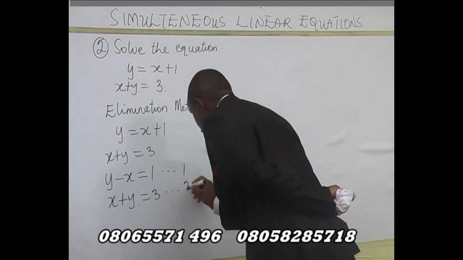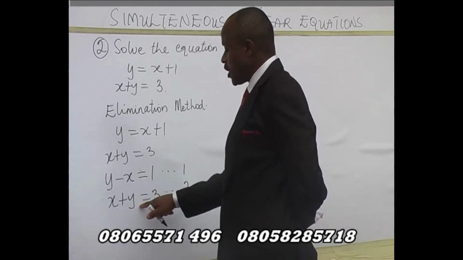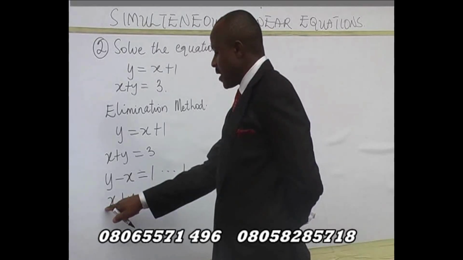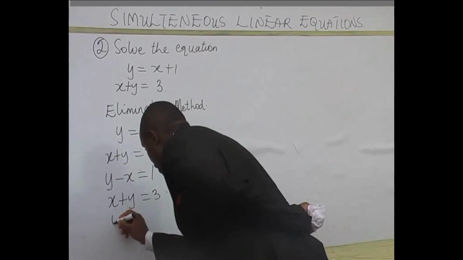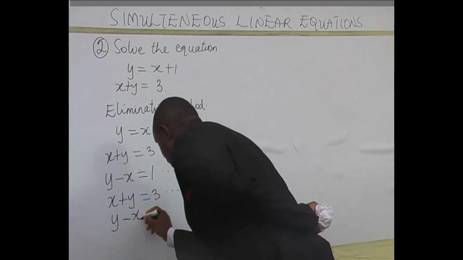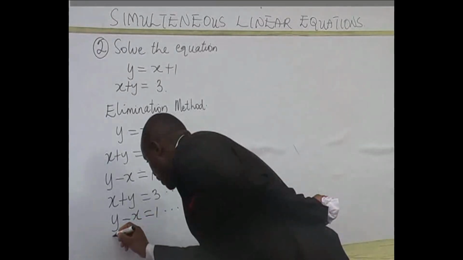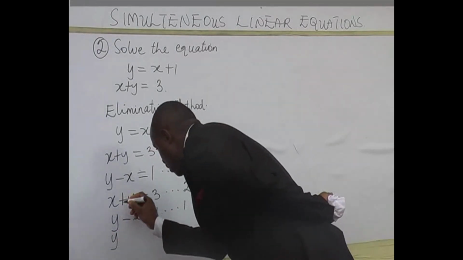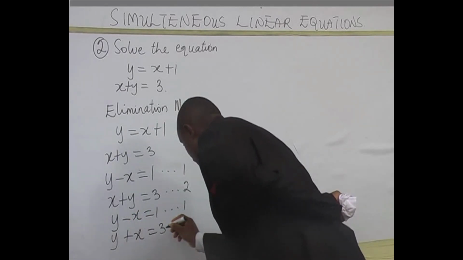This is equation 2. Write equation 2 in such a way that y will be the beginning, while x will be inside. So we are going to have equation 1 is y minus x is equal to 1. That is equation 1. Equation 2 will now be, instead of x plus y, you have y plus x is equal to 3.